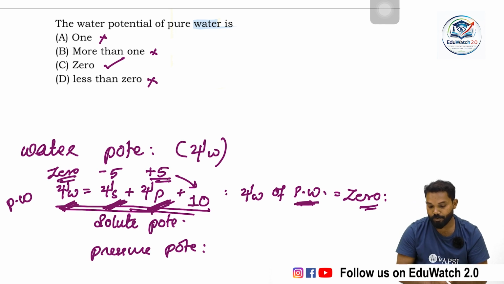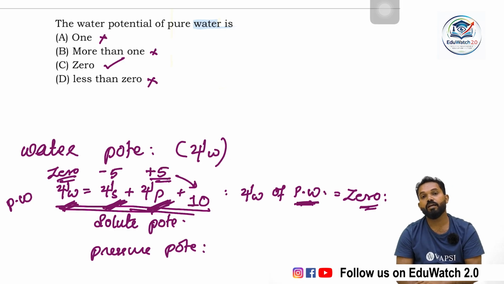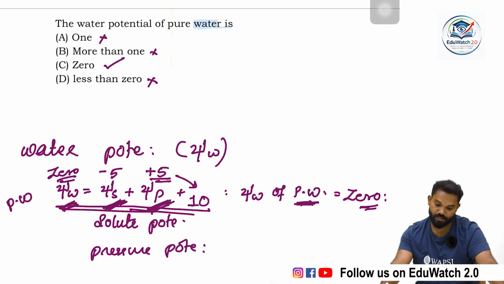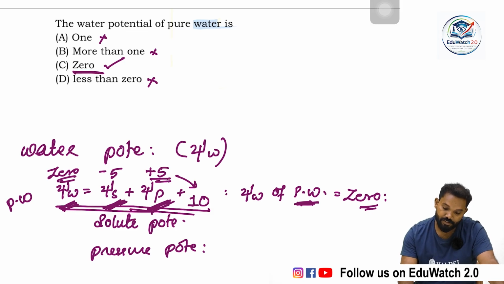So generally pressure potential is positive, solute potential is negative, so water potential is 0. But under a change of pressure and solute potential, water potential is also changed. So it may be negative or positive.